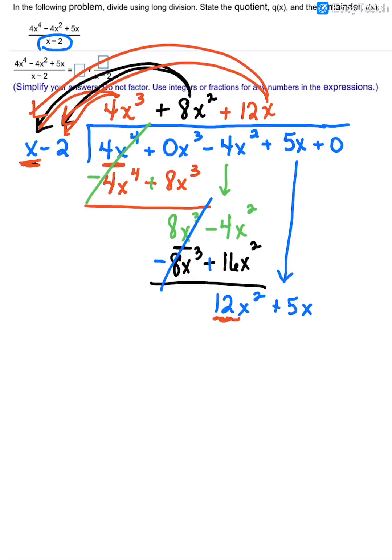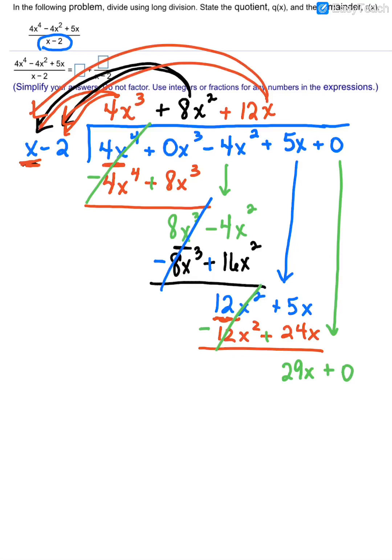So 12x times x is 12x squared, minus 12x times 2 would give me a 24x. And we're ready to subtract that product. So that makes this negative, positive, cancels. Here we're left with a 29x, and we bring down our last term of 0.